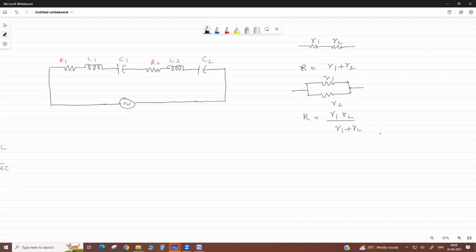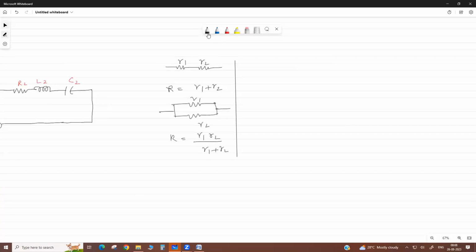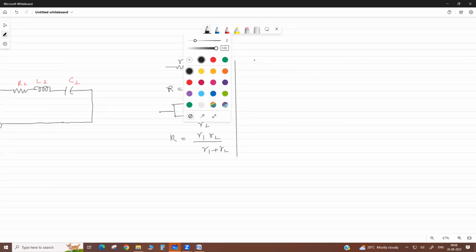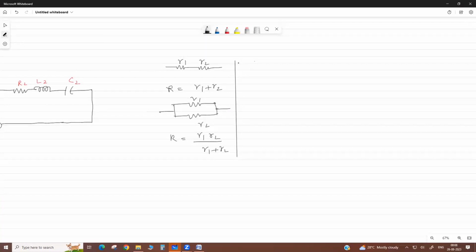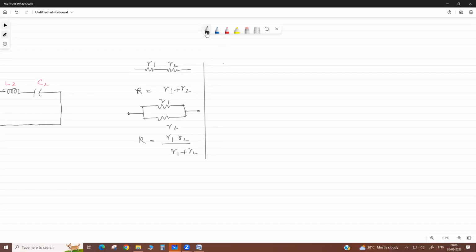Okay, like this. Same like this, in the case of inductors.